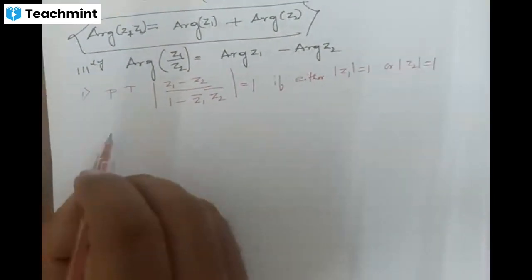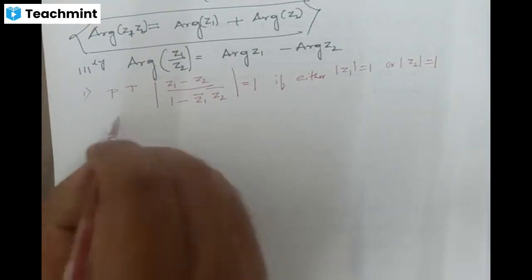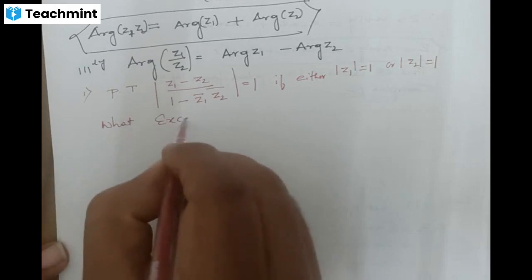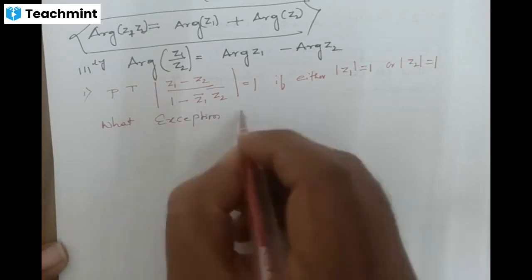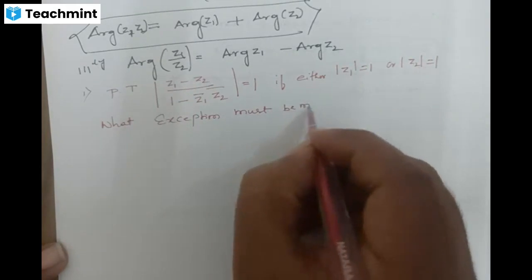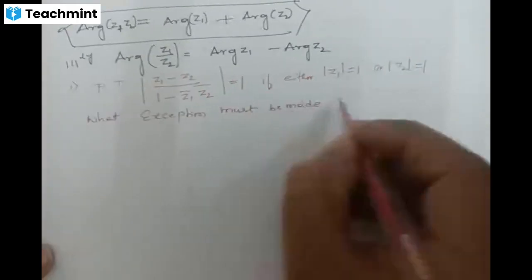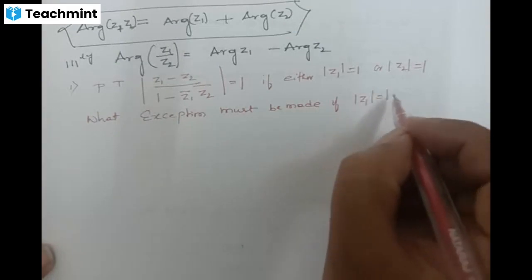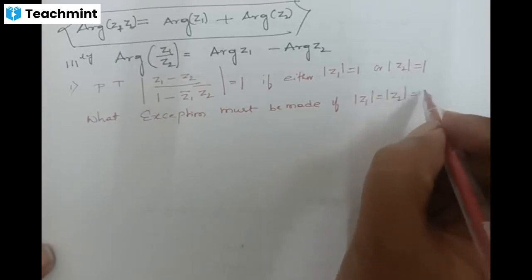What exception must be made if mod z1 is equal to mod z2 equal to 1?